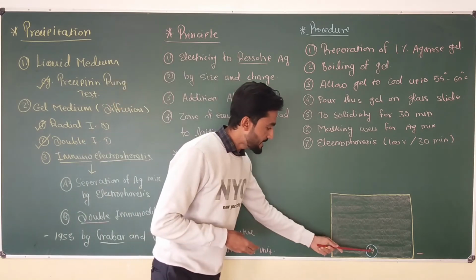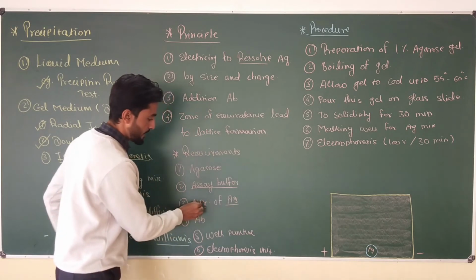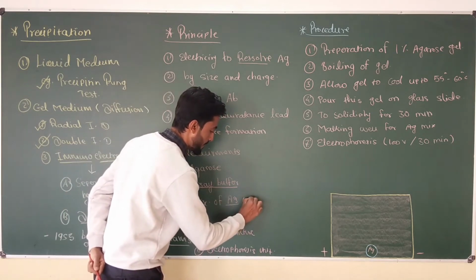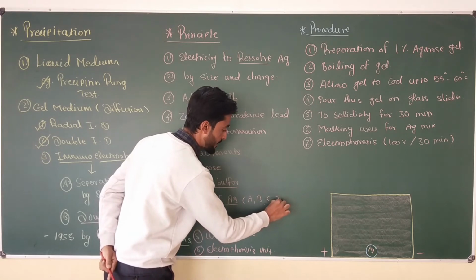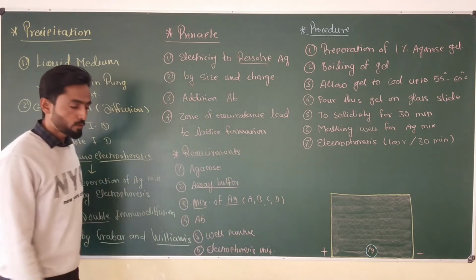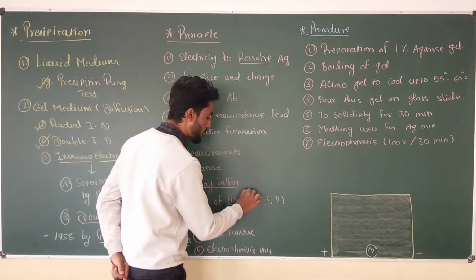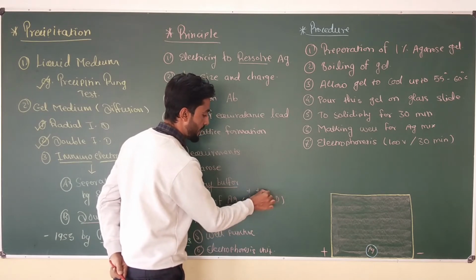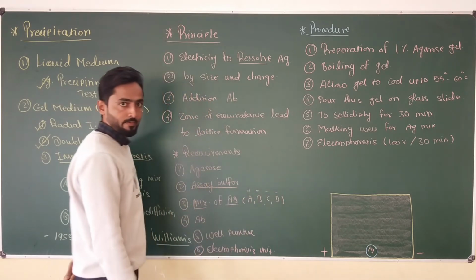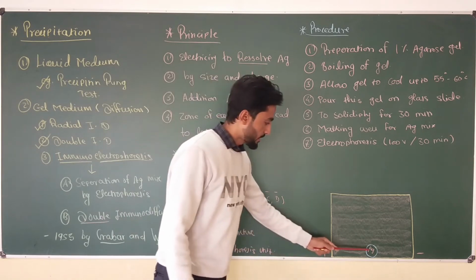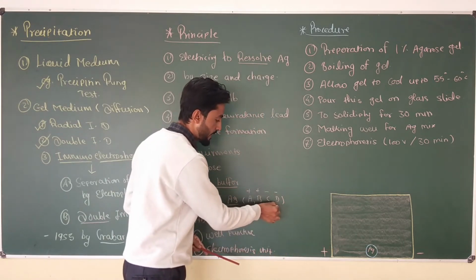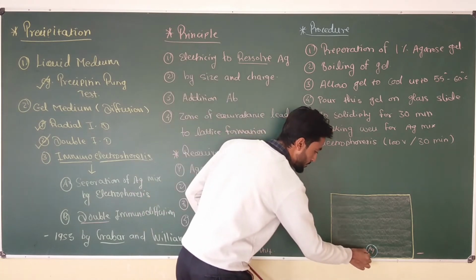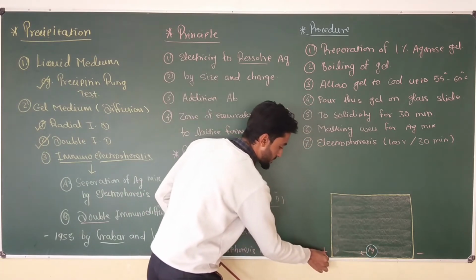Now if the antigen mixture contains, for example, 4 antigens A, B, C and D, out of which A and B have positive charge and C and D have negative charge, then when electricity is applied, the negatively charged C and D antigens will move towards the positively charged electrode.